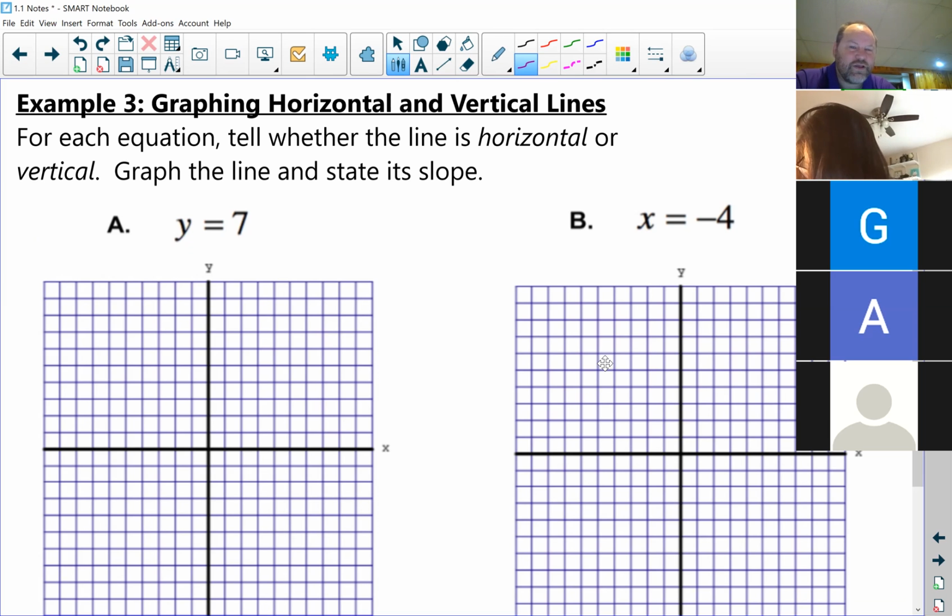So y equals 7. Is that horizontal or vertical? Horizontal. I'm going to write that here.